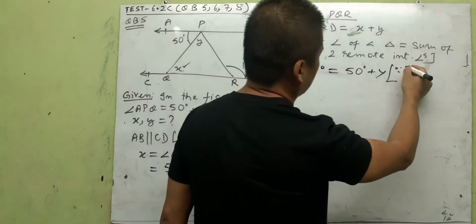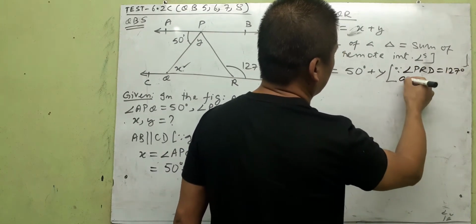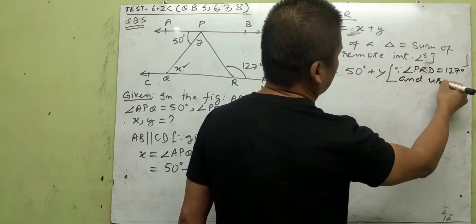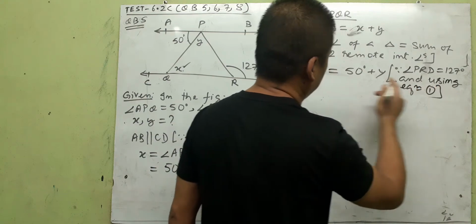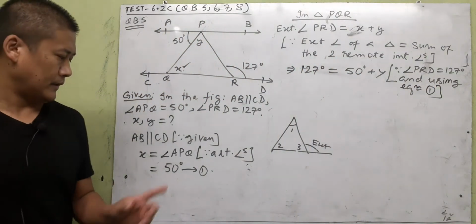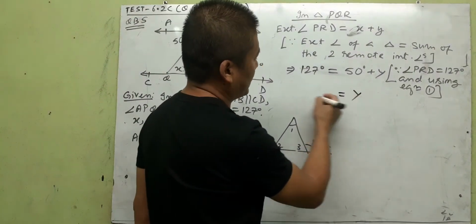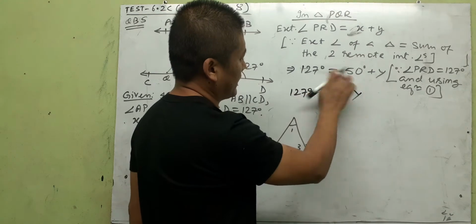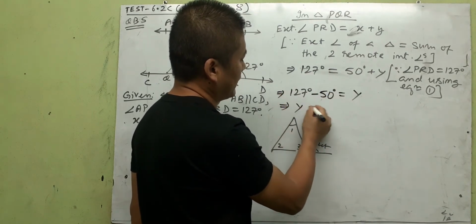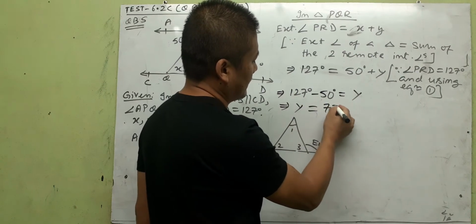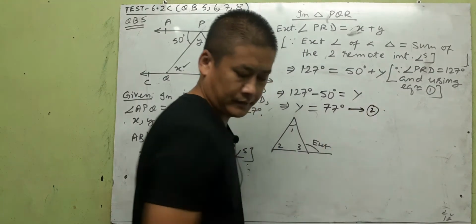Since we know that angle PRD is given as 127 degree, and using equation number 1 for the value of X here. So once we are done with that, you can write here Y will therefore be 127 degree plus 50 come to the left side, become minus 50 degree. So this will be Y equal to these 2 subtracted, giving you 77 degree. Okay, put this one as equation 2 if you like.